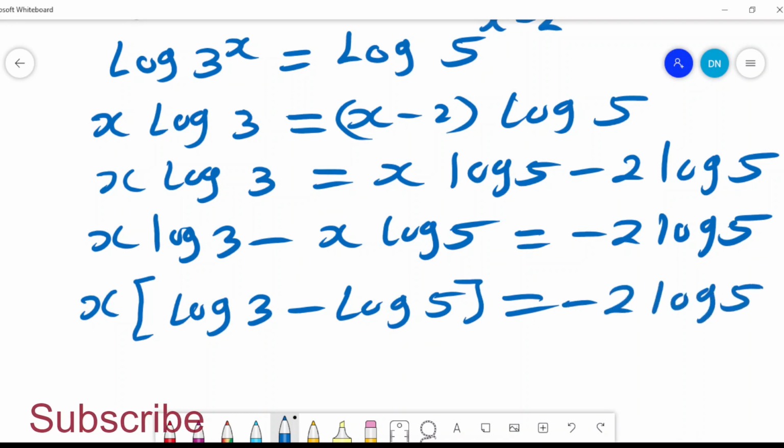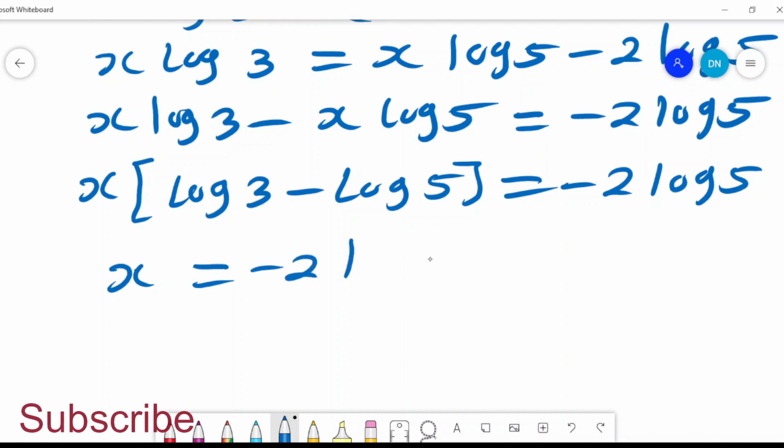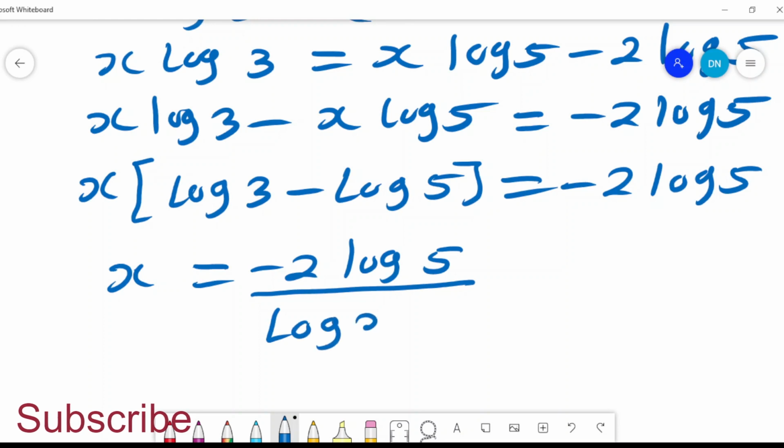The final step basically will be to get the value, which is given by x is equal to, I'll divide through by log 3 minus log 5, so I'll get negative 2 log of 5 divided by log of 3 minus log 5.